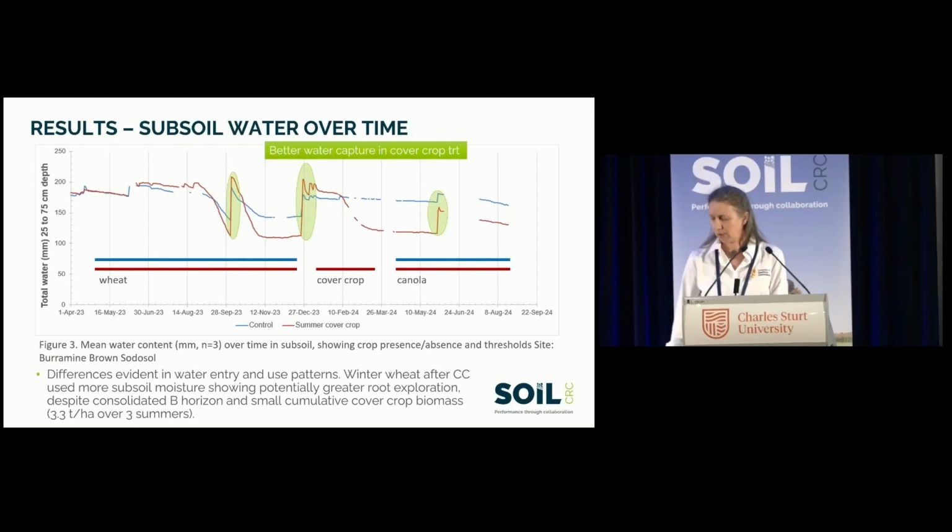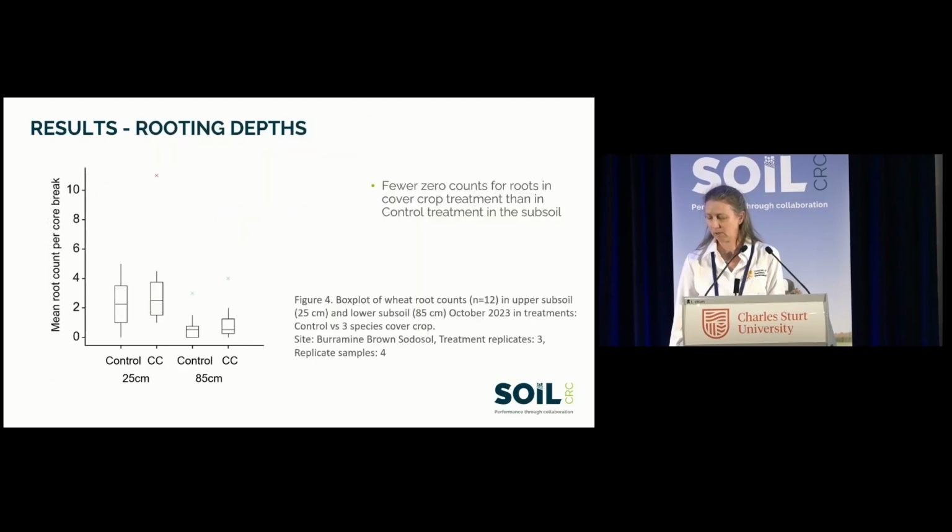We did also look at the rooting depths in that system. This was at the end of the wheat crop last year, in October, where we looked at the control versus the 3 species cover crop treatment and the root counts in the upper subsoil, at 25 centimetres depth, and in the deeper subsoil at 85 centimetres, which was probably almost beyond the limit of where the roots were getting to in both treatments.